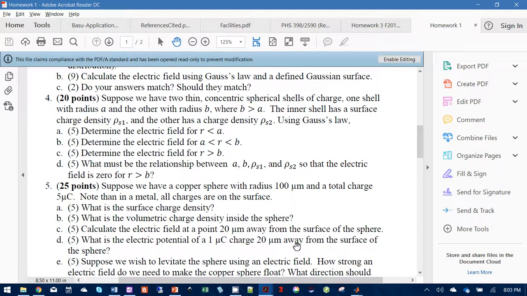You're going to be using Gauss's law in this problem. That's what you can do in the homework.